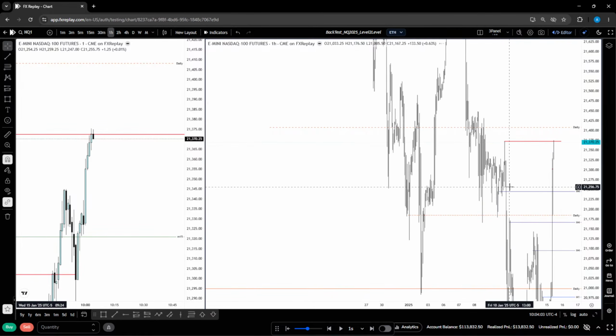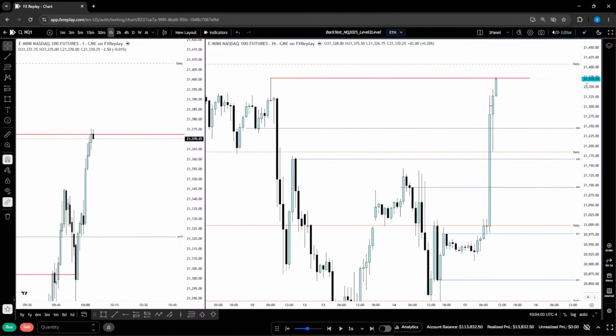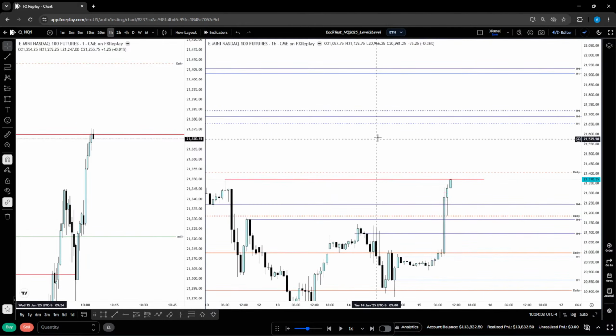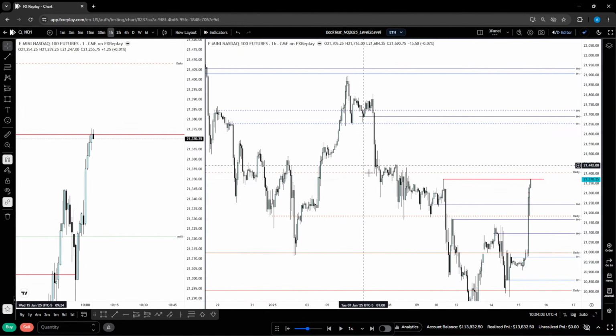And in 1 hour, what do we see? Just came back up all the way. Now these levels are the target, and then these levels here, the 1 hour level. This hourly level is still also valid.